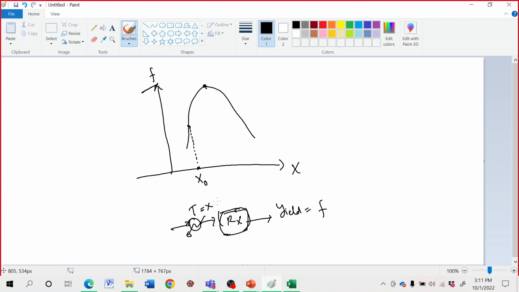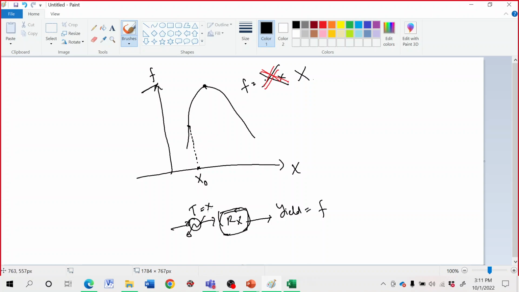From your experience, you know that if you change the temperature, your yield will change. But you don't know what this function is. You don't know f equals blah blah blah x. This is something that we don't know, but you have the lab setup.